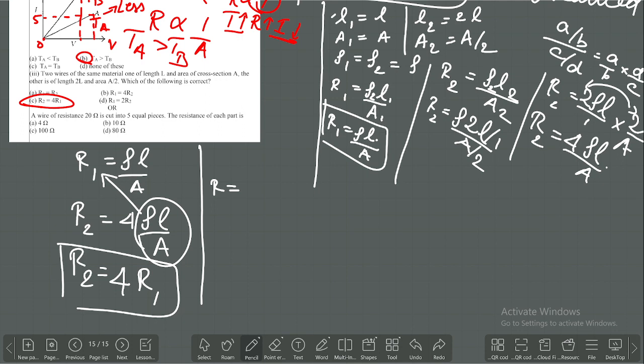Initially the resistance of the wire is 20 ohm. If this wire is cut into 5 equal parts, the parts are R1, R2, R3, R4 and R5. Since it is cut into 5 equal parts, the value of each part is going to be 4 ohm.